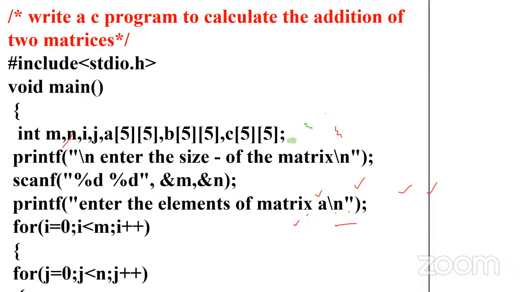Let us make a simple example, a 2 by 3 matrix: 2 rows and 3 columns. What is the matrix size you are giving? 2 by 3 matrix. What is this one for?